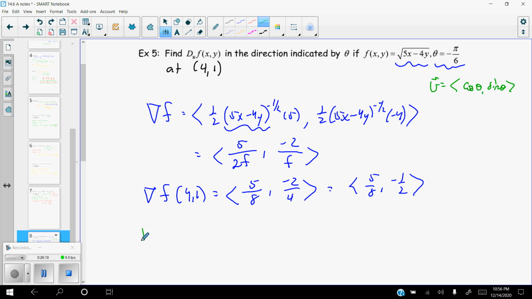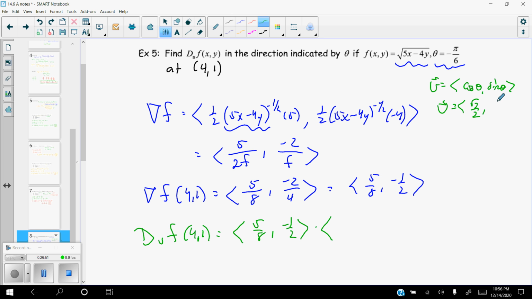So the directional derivative at the point (4, 1) is going to be (5/8, -1/2). Now I do need to evaluate my unit vector at -pi/6. Oops, that shouldn't be equal. It should be dotted with. So if I plug in -pi/6, cosine of -pi/6 is going to be, that's in the 4th quadrant, so it's root 3 over 2.